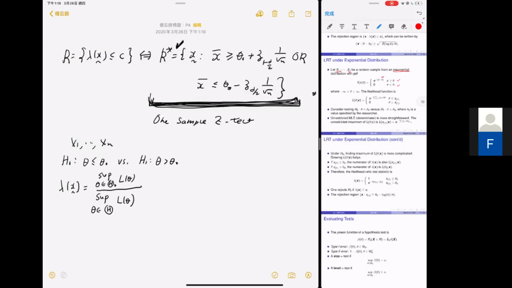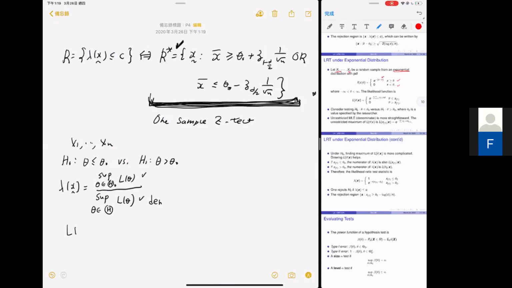Then the next step is deriving your LRT. It's numerator over denominator. The denominator is always easy. Why is it easy? Because it's nothing but the MLE. So what's the MLE for θ?